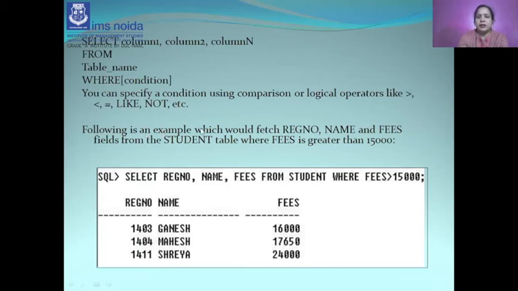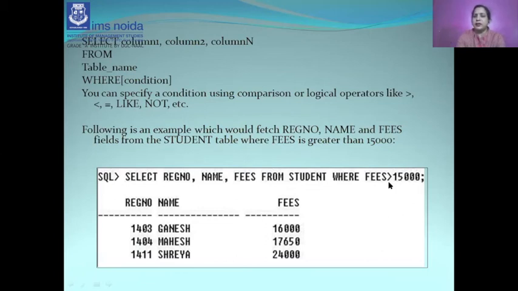Following is an example which would fetch registration number, name and fees fields from the student table where fees is greater than 15,000. Now we want to display only those records for which the fees is greater than 15,000. So here how we will write? SELECT registration number, name, fees FROM student WHERE fees > 15,000.